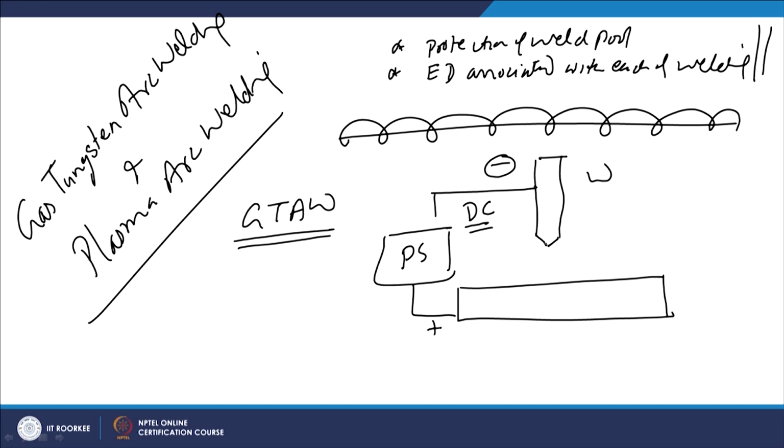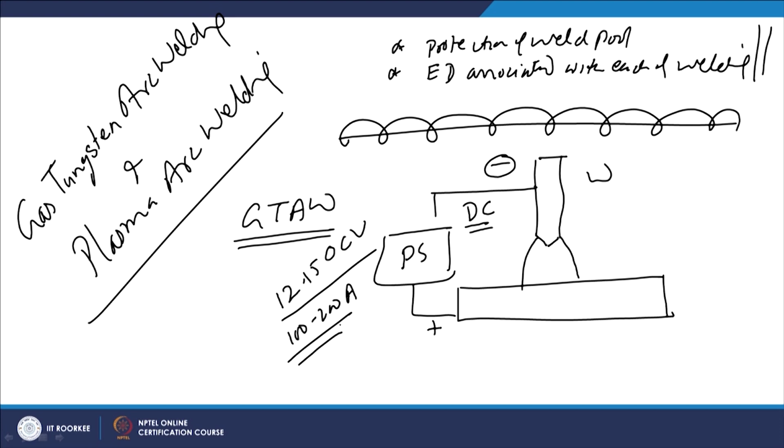This is the normal configuration for the power source connection. After striking the arc, either using the high frequency unit, or by the touch method where the electrode is brought in contact with the substrate and then moved apart, the arc is established. With the proper power setting, an open circuit voltage of 12 to 15 volts is normally used, and the current we can choose as per our requirement, the kind of heat that we want to generate.